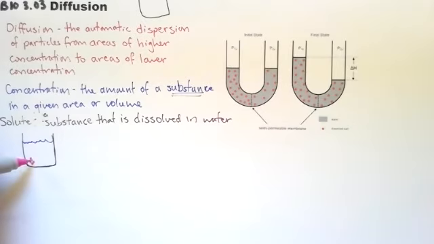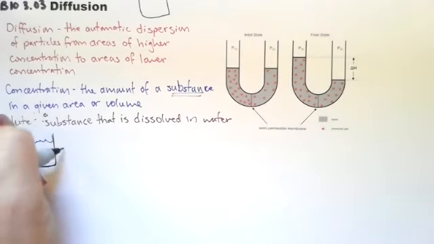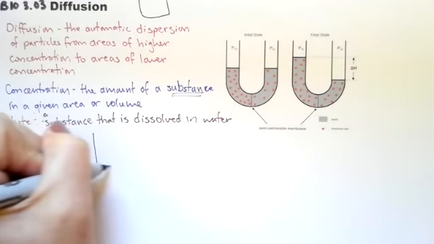These are my salt grains. Solute would be my salt. Well, what's going to happen? Just like with the air freshener, the salt doesn't want to stay in one place. And the water molecules interact with the salt. And after a while, I'm going to have this.